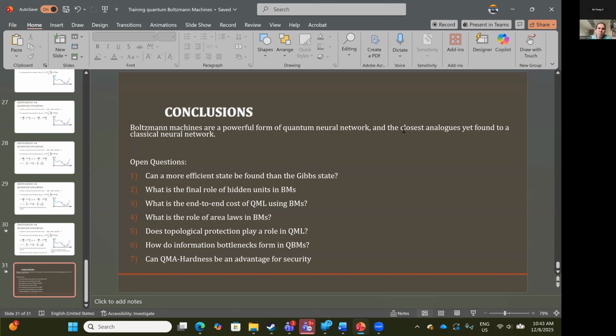From that perspective, the Gibbs state minimizes the von Neumann entropy. But if you took a look at the optimization problem that would minimize a linear entropy, which is a lot easier to compute and deal with, then that form of a Gibbs state might actually be computationally a lot easier to deal with.